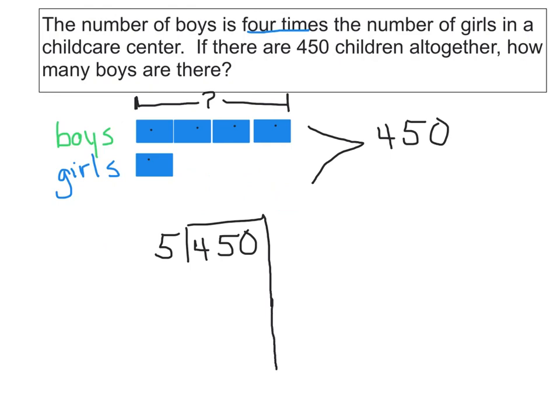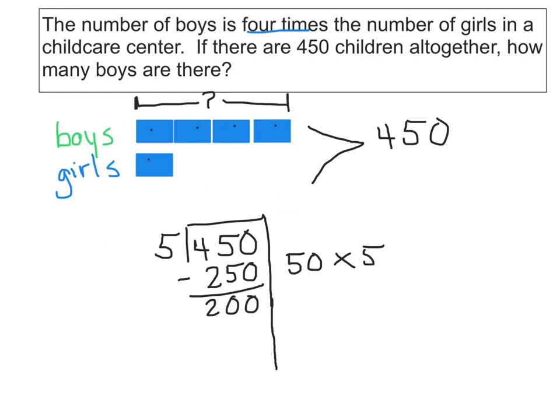I know I can't do 100 groups of 5, so I think I'll start with 50 groups of 5 because it's easy to multiply by 5. So that would be 25 tens, 250, and I would have 200 still left to put into groups of 5.